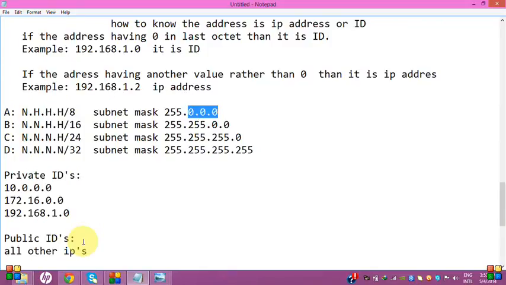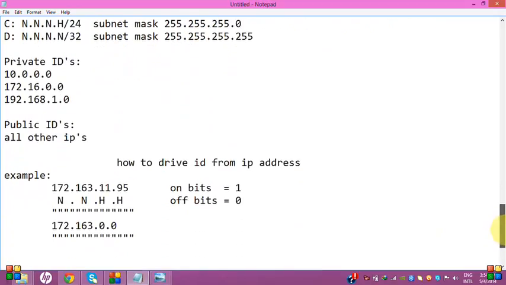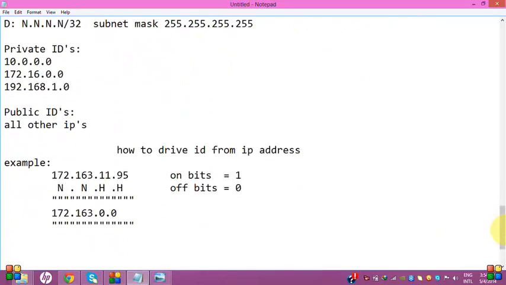They are also known as public IDs, also known as static. The service provider gives a static IP on these public IDs, all other IPs.